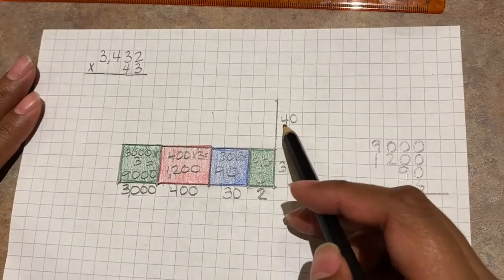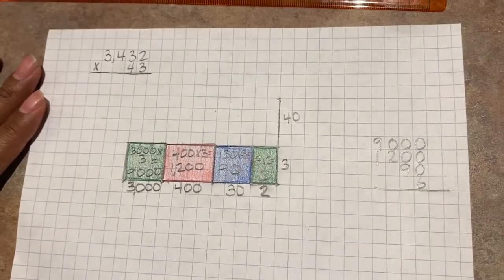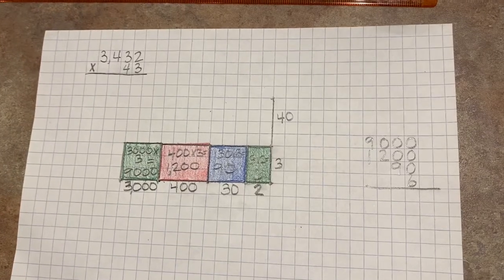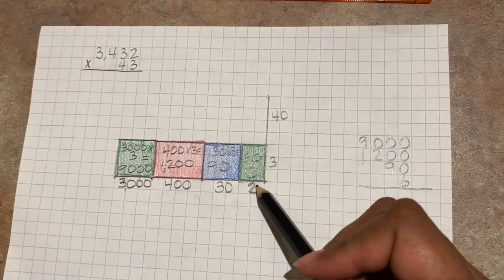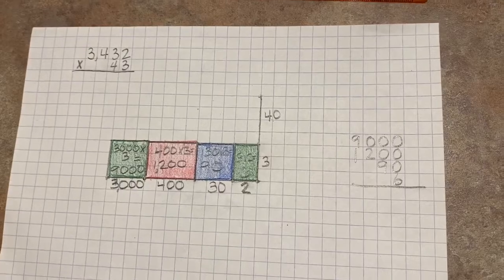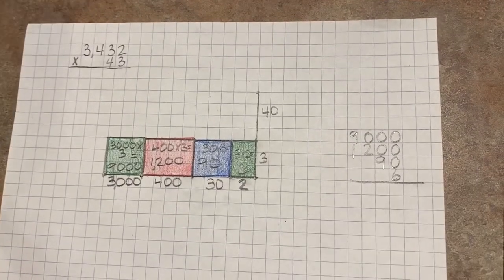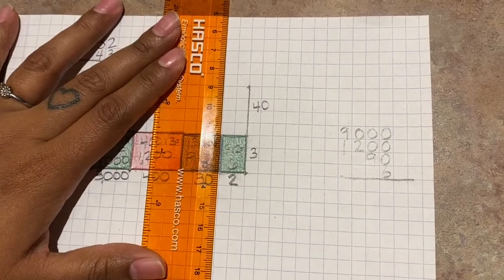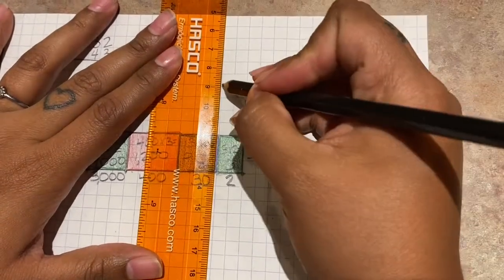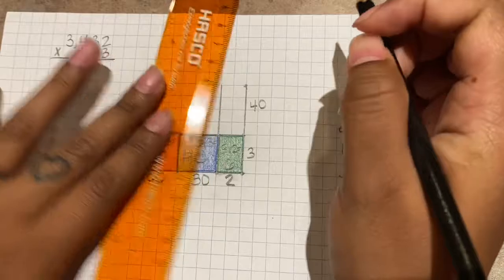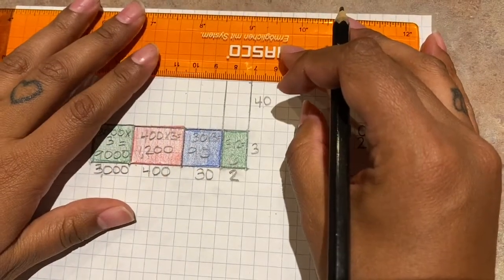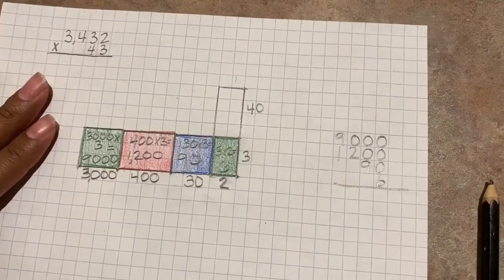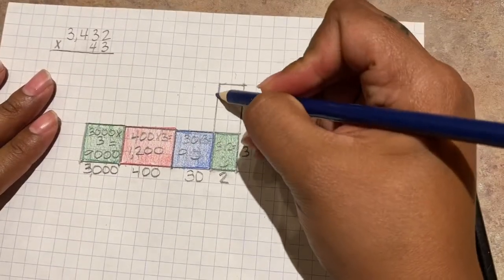All right, now we're going to start with the tens place of our multiplier. Now here it's units times tens, so we're going to go straight into the blue, correct? But before we do, we need to make sure that we stay within our range. And we color it in blue.